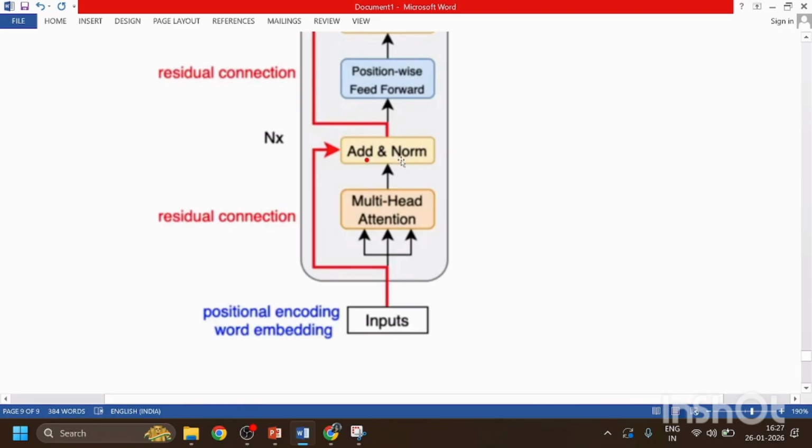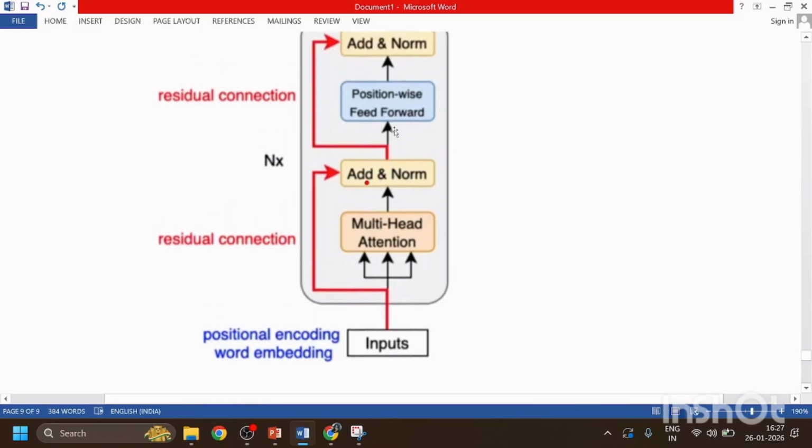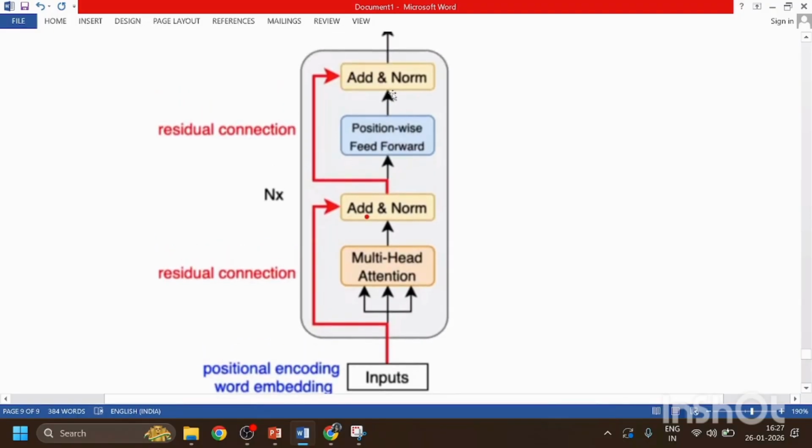After this it passes into the feed forward neural network and add and normalize again. This entire block is repeated multiple times. So this is the complete encoder block.